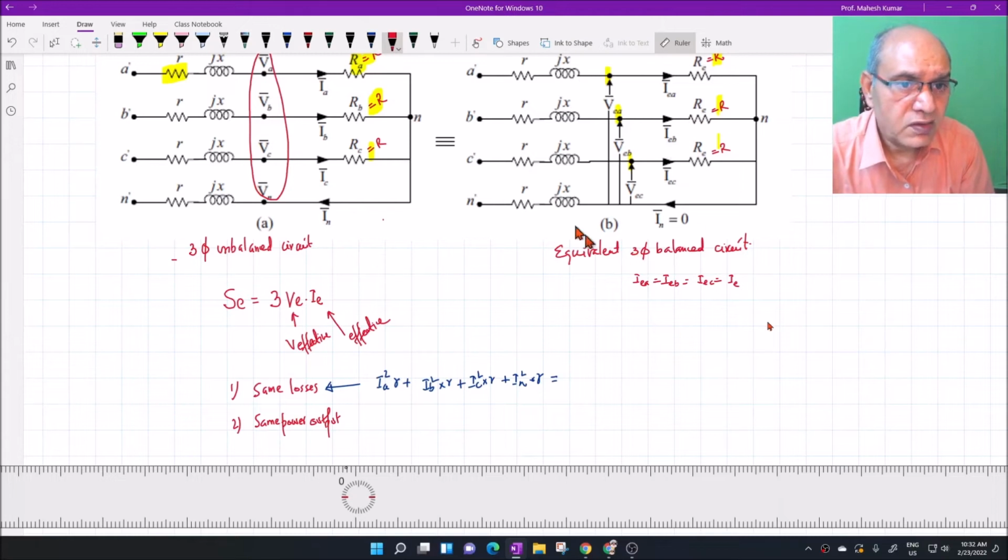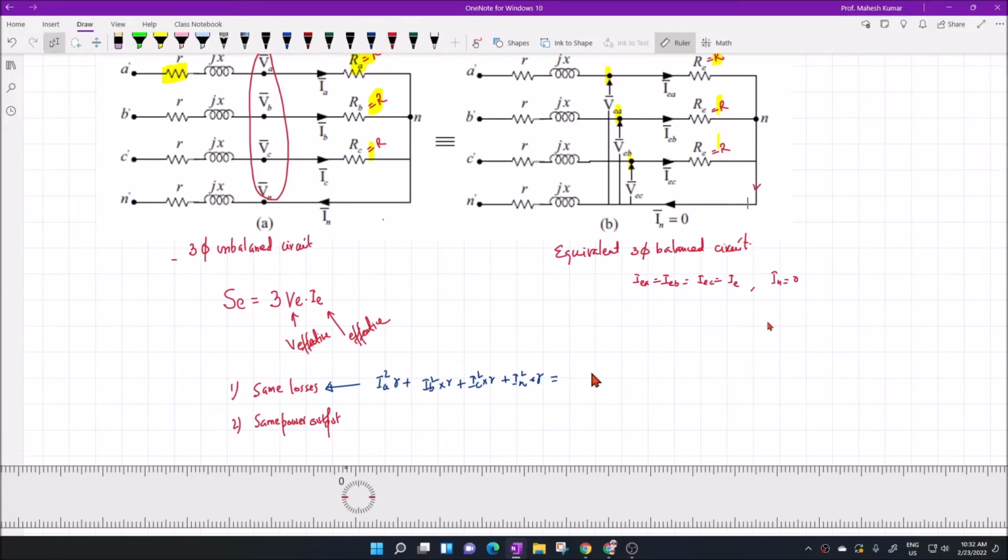So losses here will be, IN will be 0 because three-phase currents are balanced, so their sum will be 0 and there will be no current in this path, making the neutral current 0.